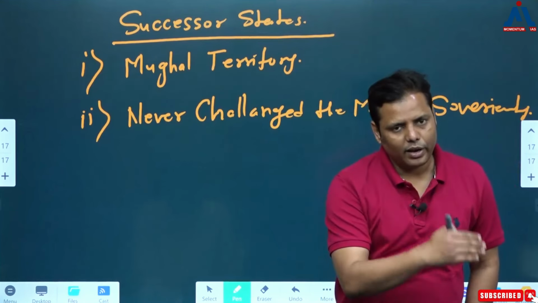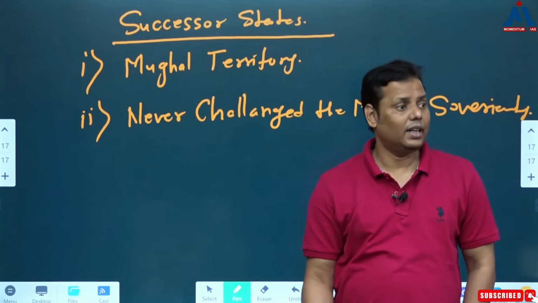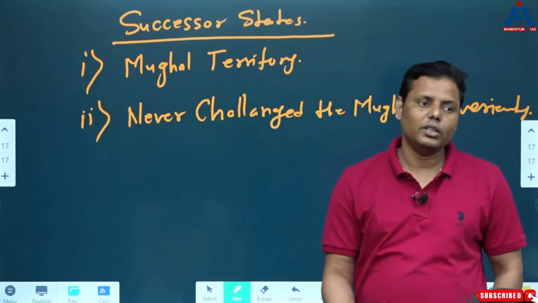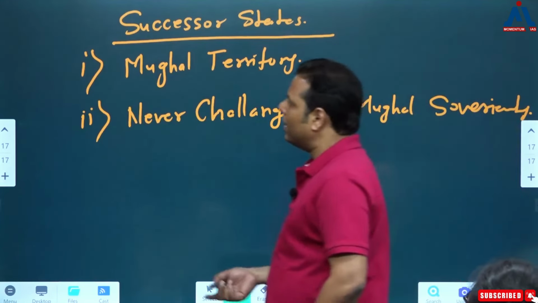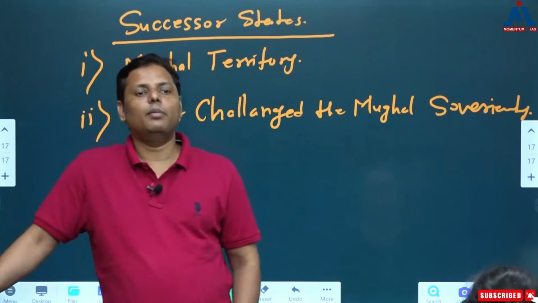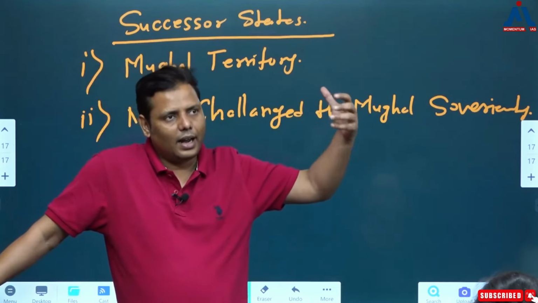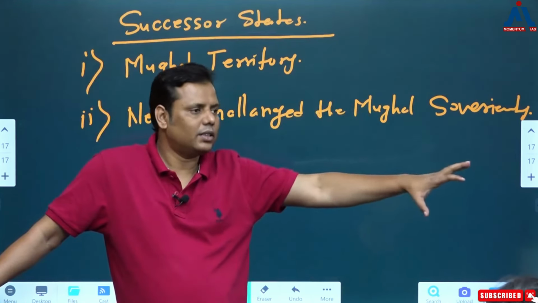But if they are accepting the suzerainty of the Mughals, how can we say that these regions were independent powers? We can talk about some other things through which we can prove that these people were independent powers. Whatever symbolic ideas were there, they were accepting the Mughals as the sovereign.